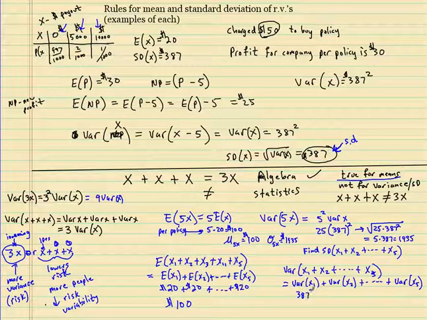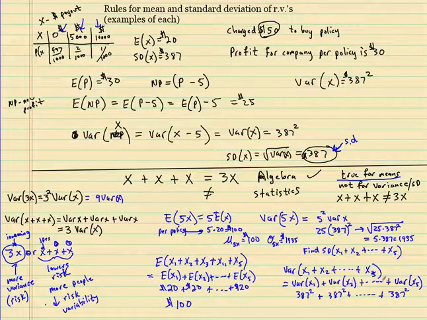So it's 387 squared plus 387 squared, and how many of these am I going to have? How many 387s do I have? 5, because I have 5 variances. So this is going to be 5 times 387 squared.